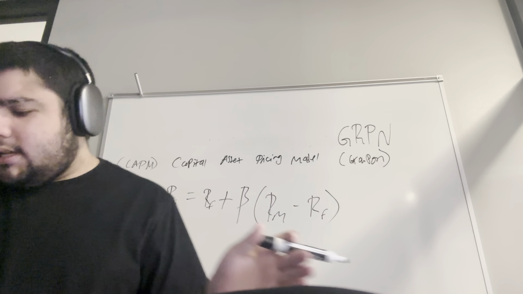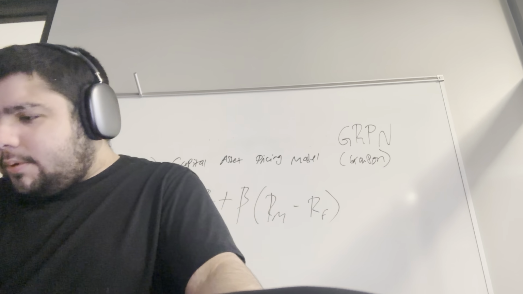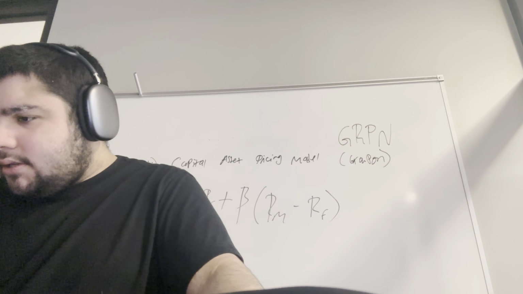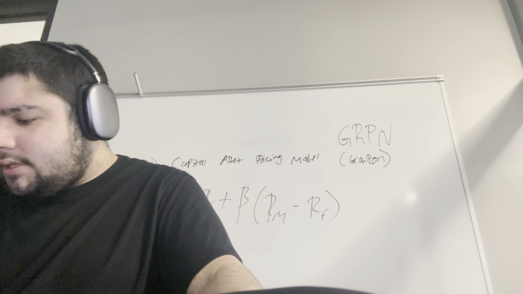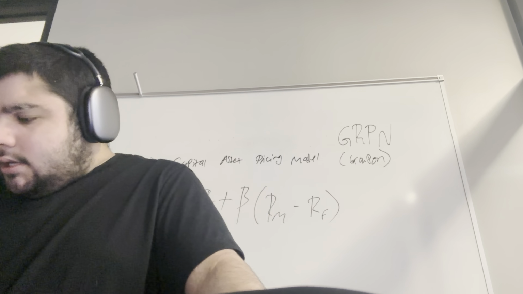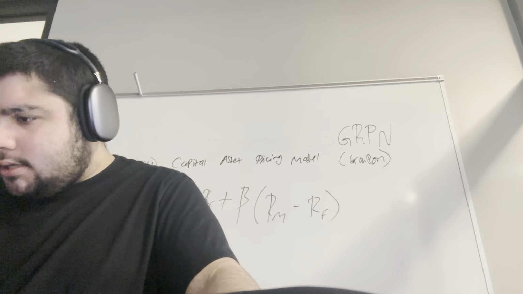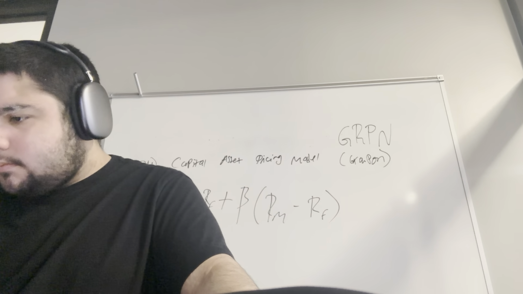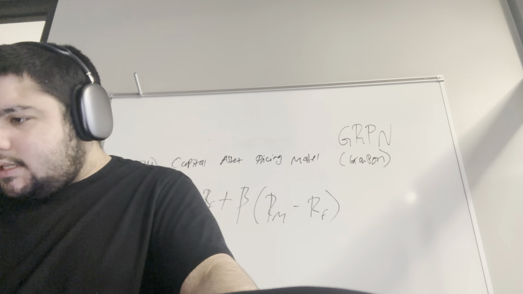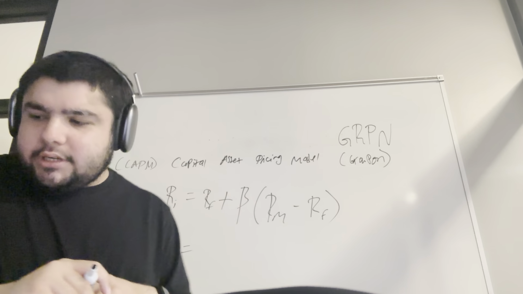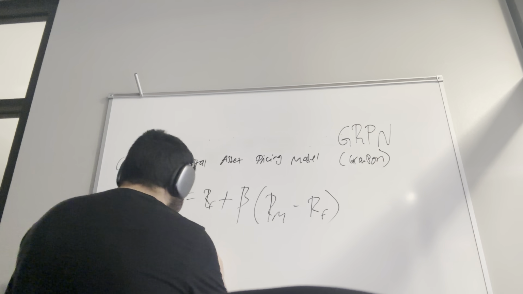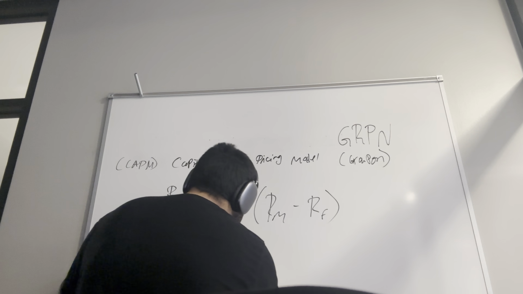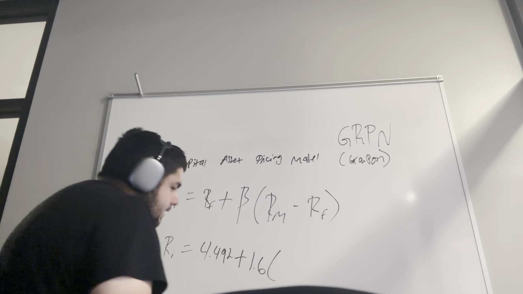The risk-free rate is about 4.3, but let's be very precise. For the risk-free rate, we're going to use the 10-year Treasury yield, which CNBC has at 4.492. So 4.492 plus the beta of 1.6 times the expected market return.